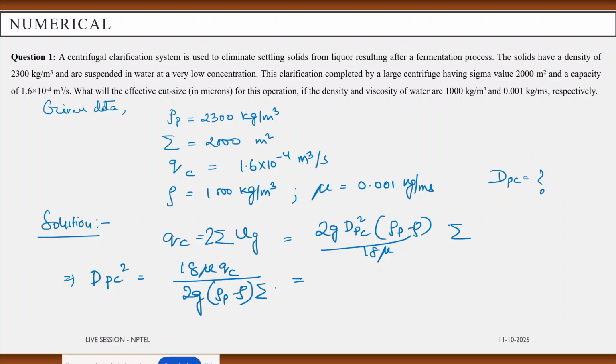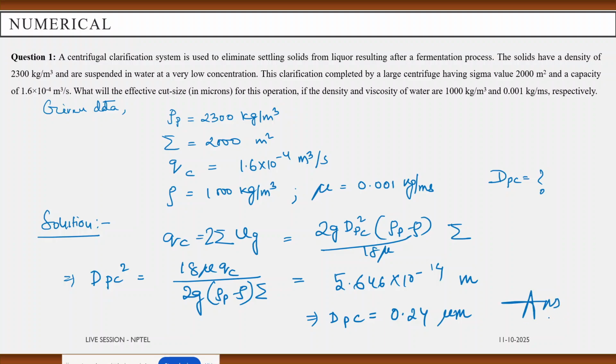So when you solve this, you will get dpc value as 5.646 into 10 to the power minus 14, from where you will get dpc value as, after converting, this is in meter, after converting into micron, you will get around 0.24 micron.